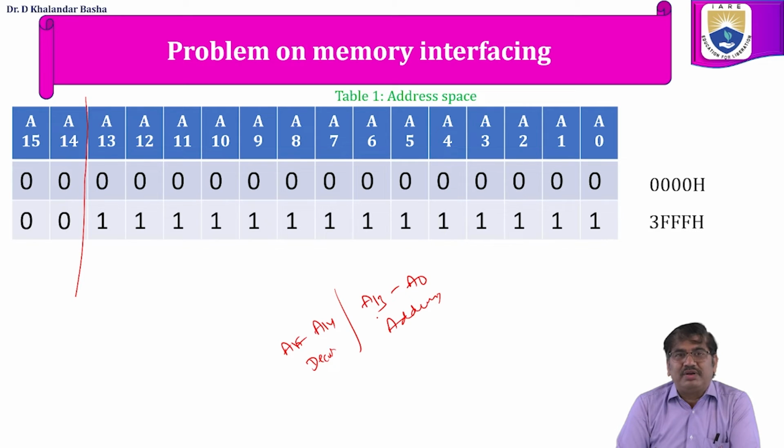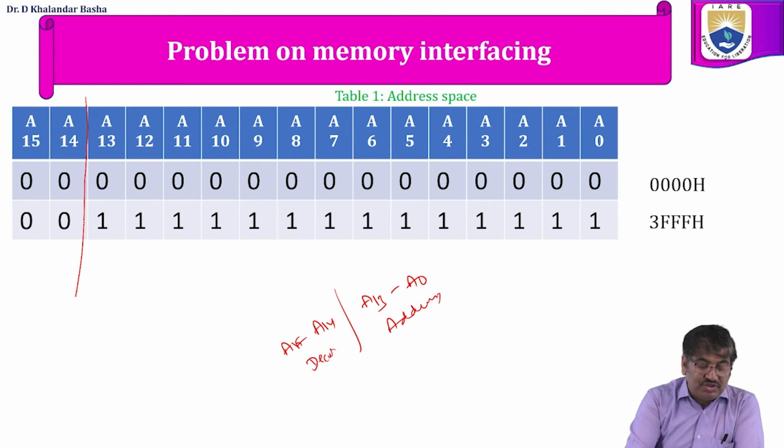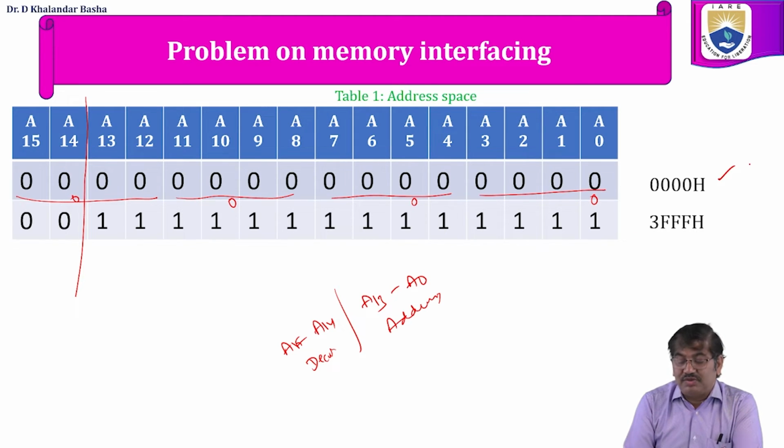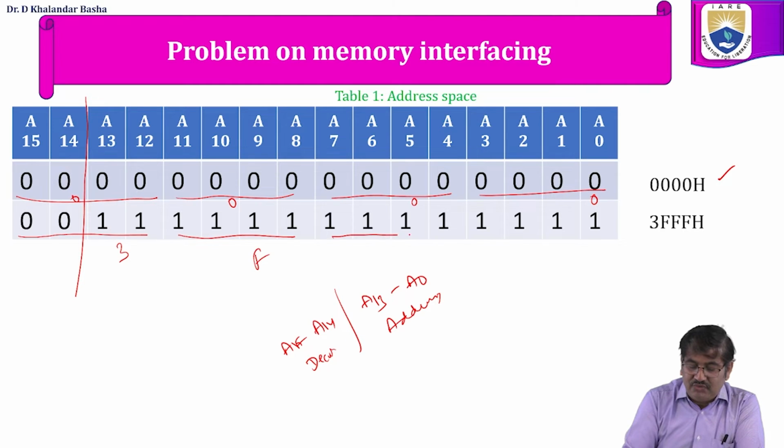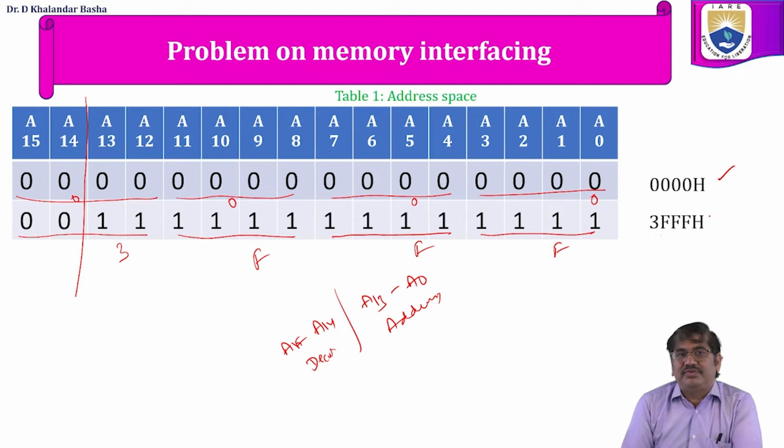For A14 and A15, we can pass any one of the values, either 00, 01, 10 or 11. Let us assume A14 and A15 are taken as 0, so the address map for this case is every 4 bits combined: 0000H is the starting address, whereas the higher address is 0011 1111 1111 1111, that is 3FFFH.